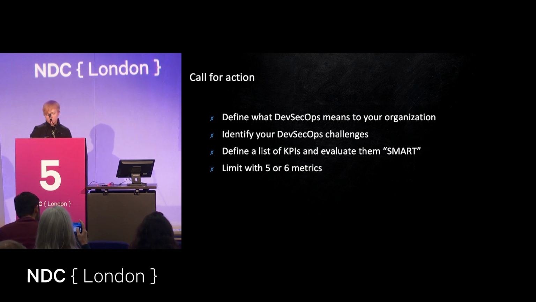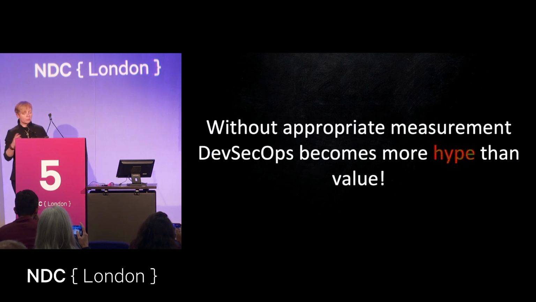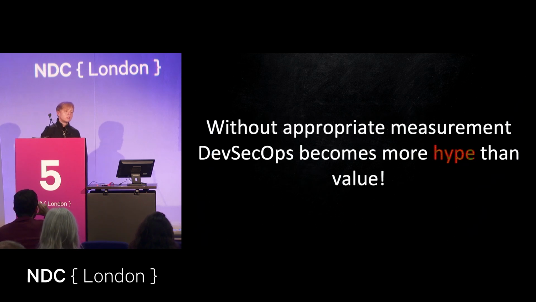Take a limit of 5 or 6, not more, because each KPI takes some maintenance. And a small list allows you to be more agile and find out if that works for you. Leverage what you have. And remember that without appropriate measurement, DevSecOps becomes just another hype.